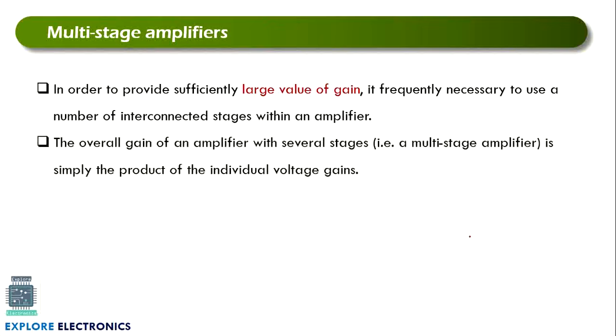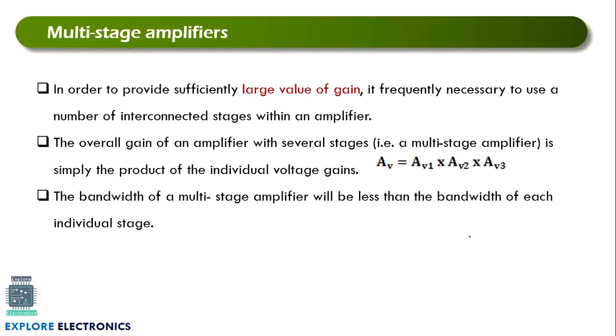The overall gain of the amplifier will increase as the number of stages increases. It is just a product of those amplifier gains. If you use 3 stages, the overall gain AV is equal to AV1 into AV2 into AV3. This is how we can increase the gain in terms of products of individual stages.